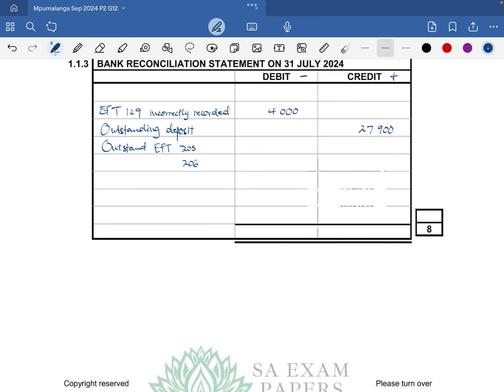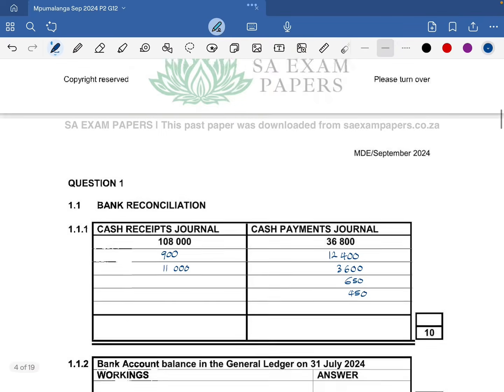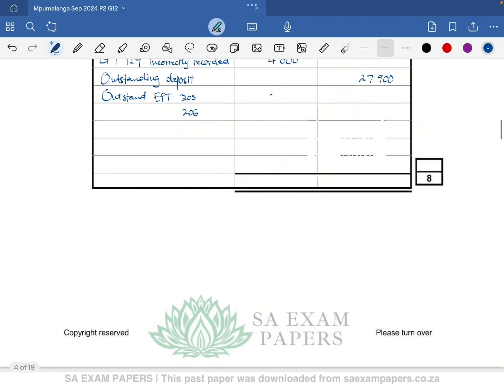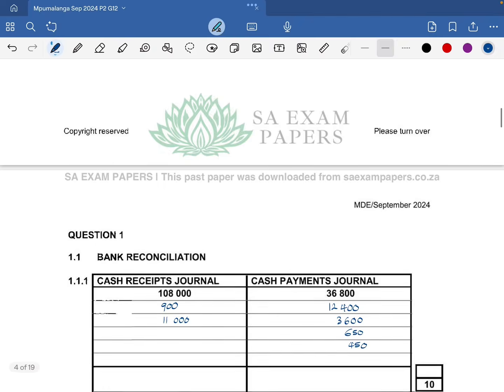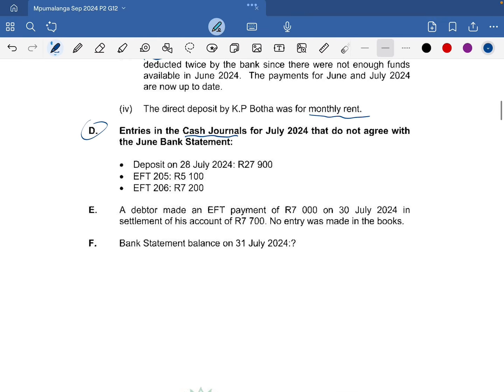Now what we're going to look at, we know it's supposed to go onto our debit side, it's a minus. So EFT 205 is 5,100, so that's 5,100, and then the other is 7,200. Okay, then now we are done with information D.